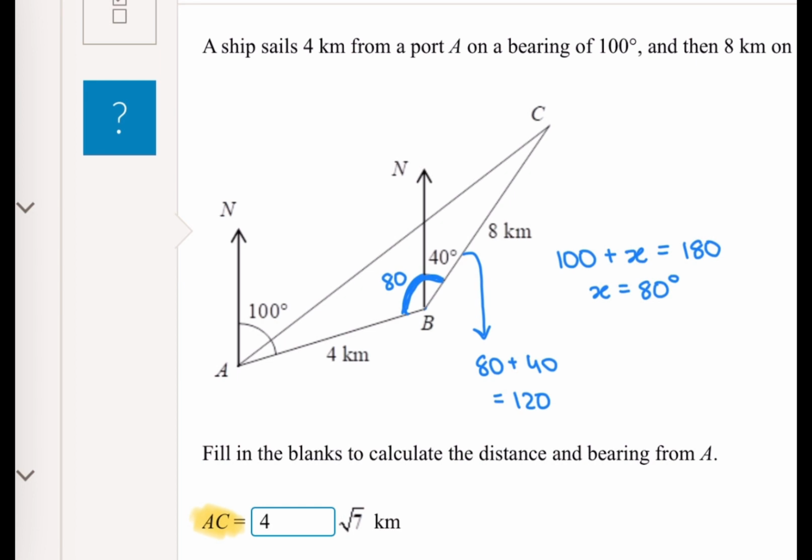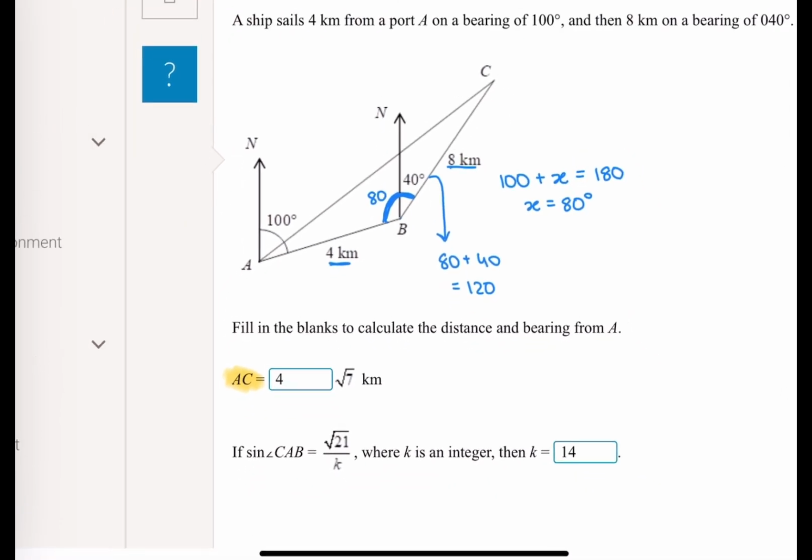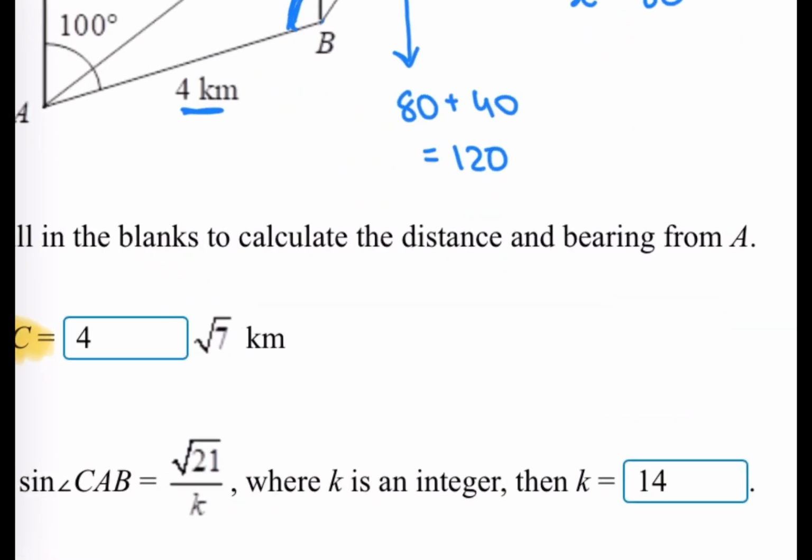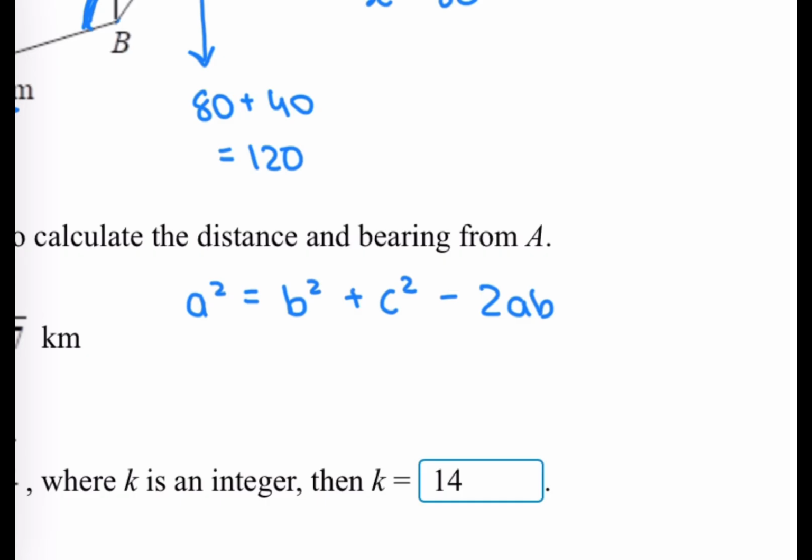Okay, now we have two sides and the included angle, so we can apply the cosine rule, which is a squared equals b squared plus c squared minus 2bc cos A. Okay, now we can replace our values.